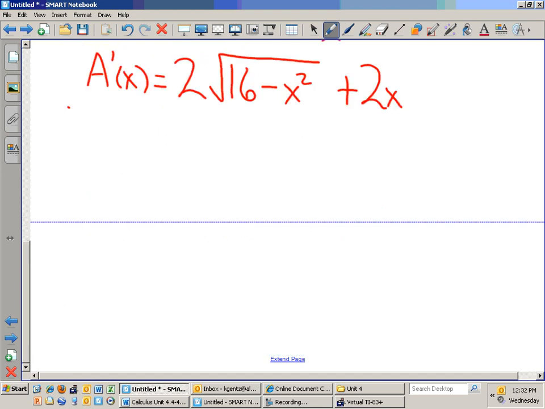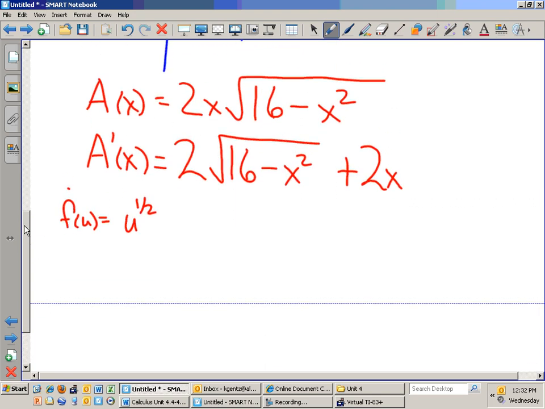Let's see. So I've got f of u is going to be equal to u to the 1/2, right? So this is a positive 1/2. When we take the derivative, we'll get a negative. What's u of x?